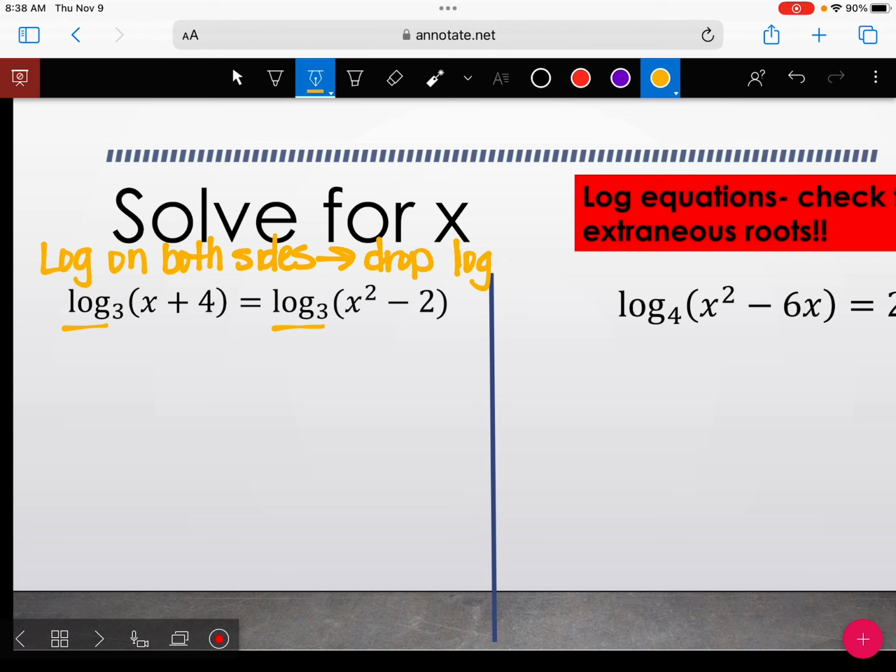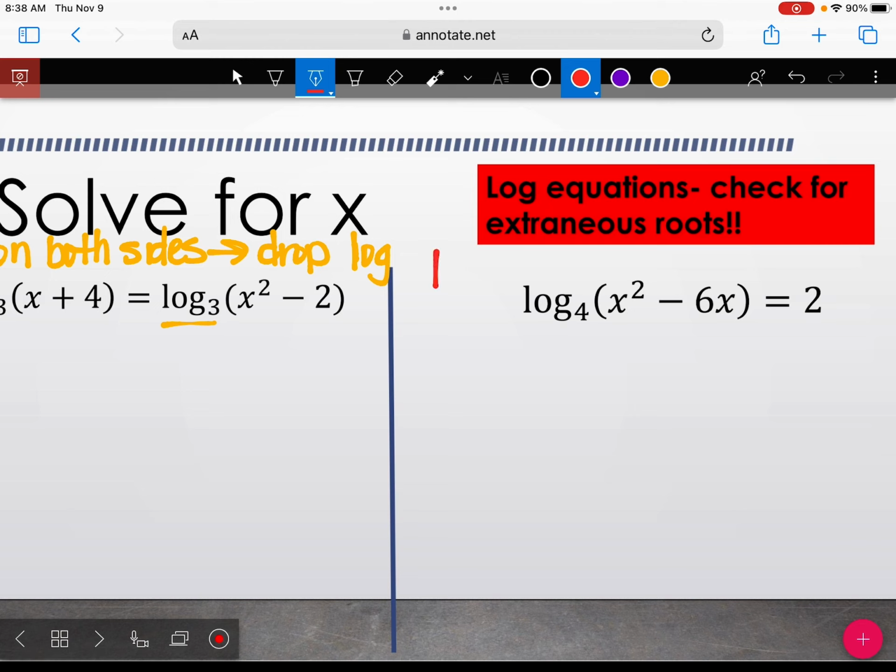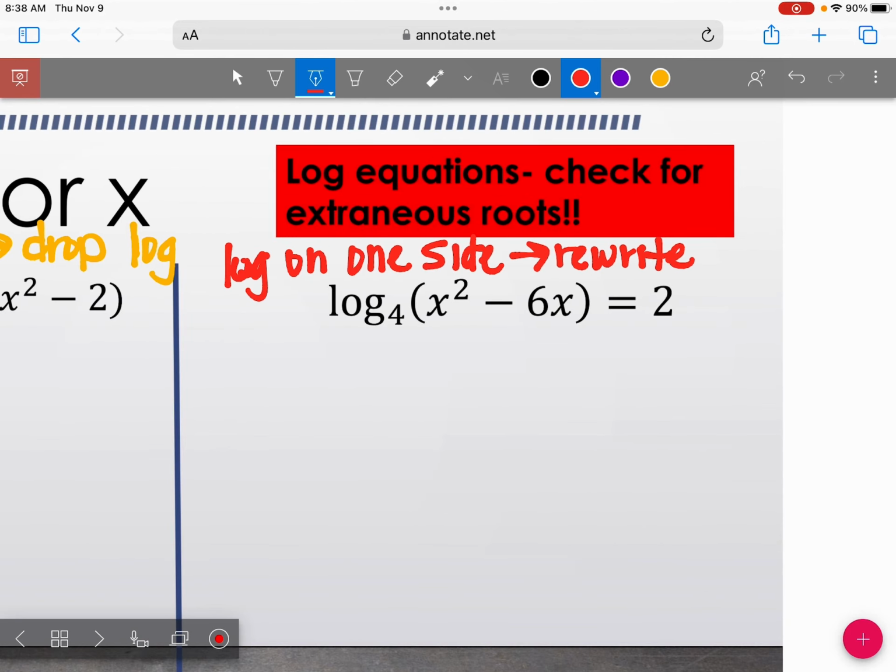But the one on the right does not have a log on both sides. So when you only have a log on one side, you have to rewrite as exponential. That's the difference between the 2.